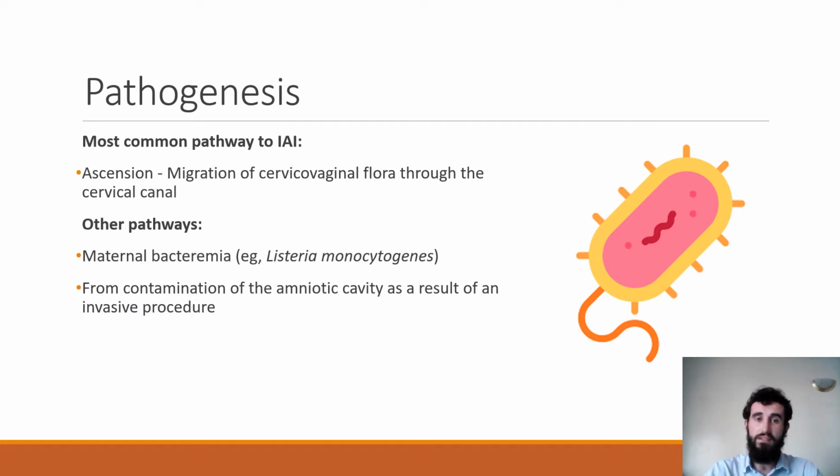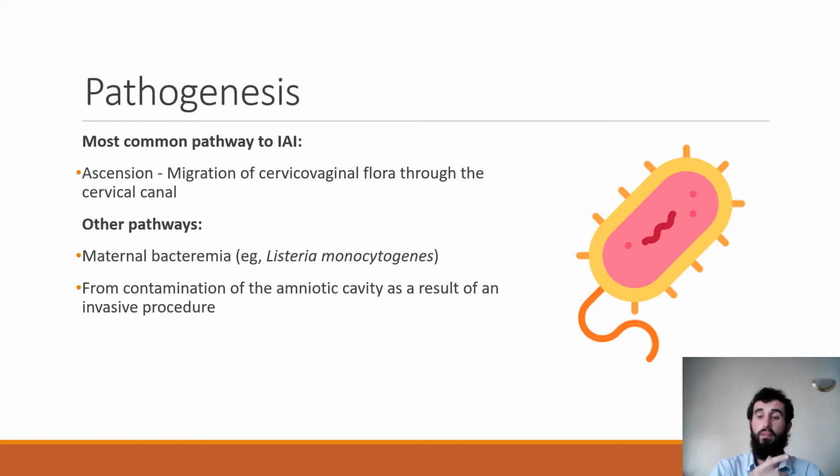Again, about the pathogenesis, we will see that the most common pathway to have an intraamniotic infection is the ascension. That means that the cervicovaginal flora will go up through the cervical canal until it reaches the amniotic cavity. There are other pathways. Listeria monocytogenes is a bacteria that usually uses the maternal bacteremia to infect the amnios and the placenta.